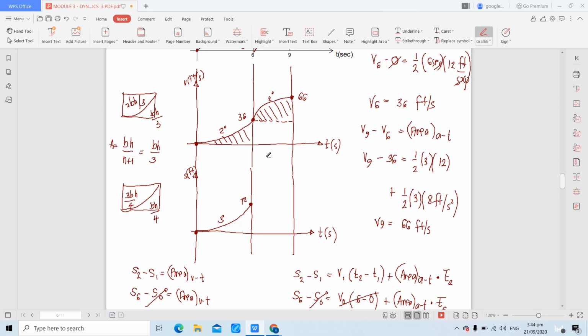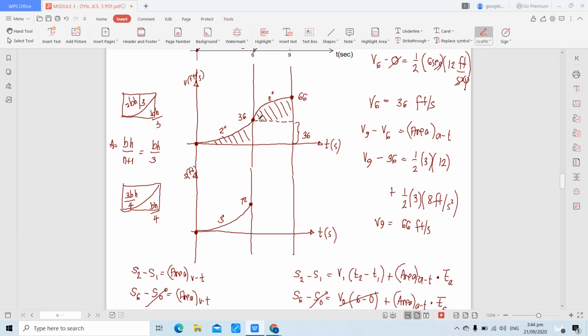Tingnan natin yung velocity versus time graph from 6 seconds to 9 seconds. Ito yun. Tama? Meron tayong area ng rectangle tsaka area ng parabola. No? Area ng maximum curve ng parabolic spandrel. Tama? Ano bang area ng rectangle? Base times height. Ano ba yung height nito? 36. Tama?